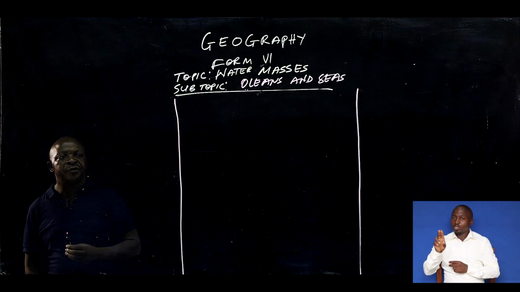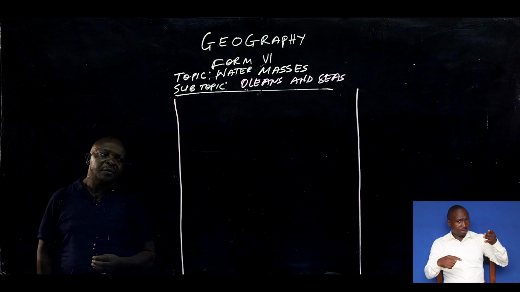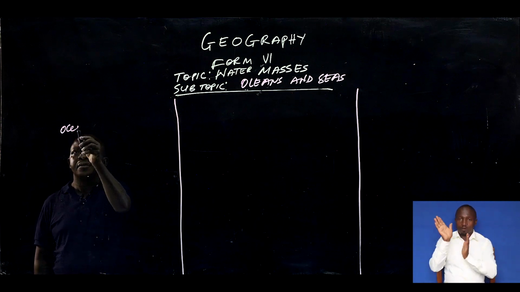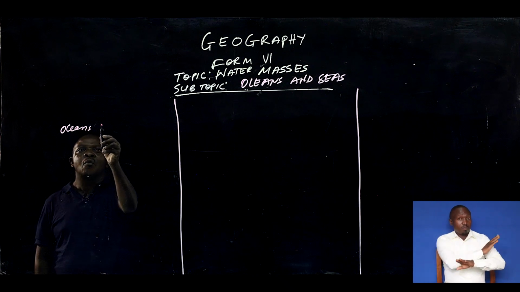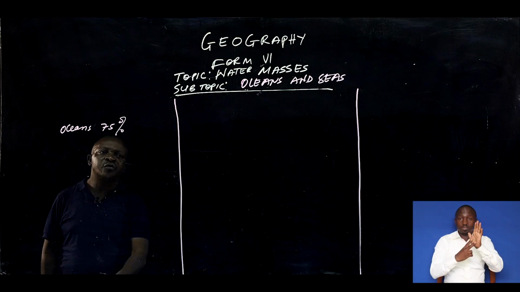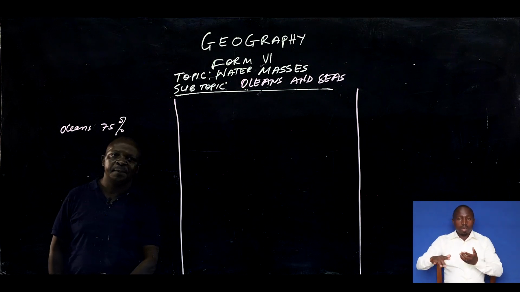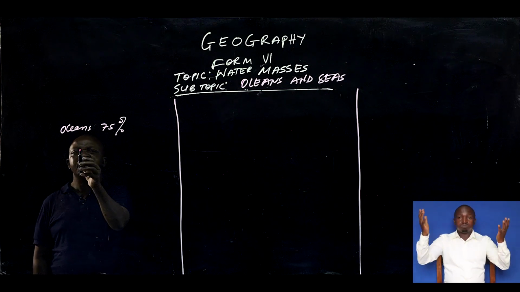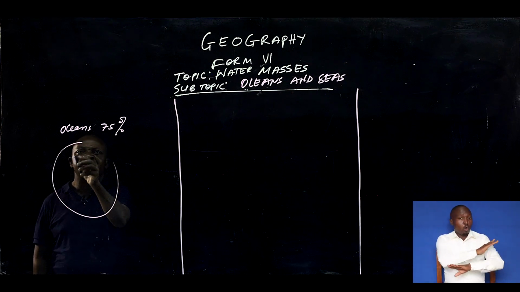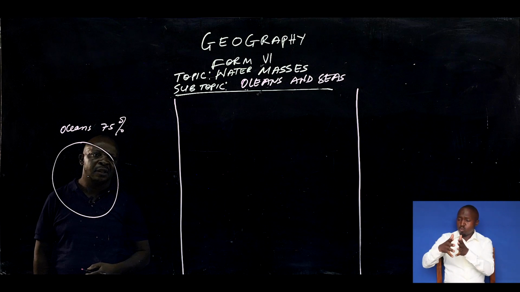Class, geographically it is well known, oceans occupy 75% of the total Earth's surface. It means oceans widely make up the surface of the Earth.